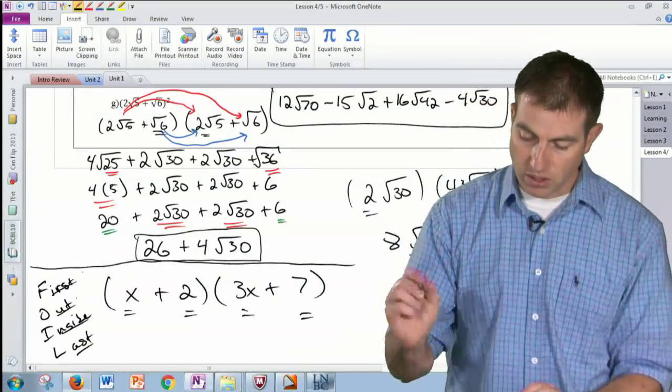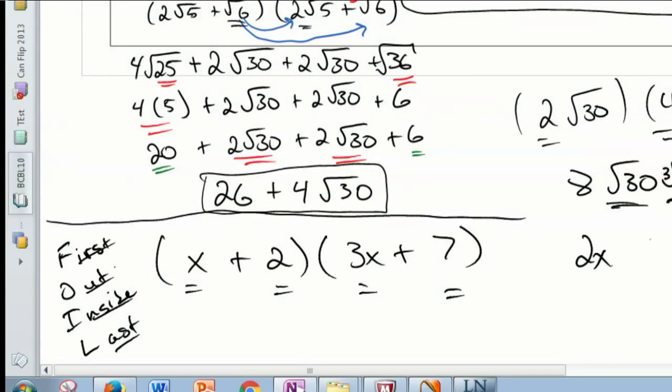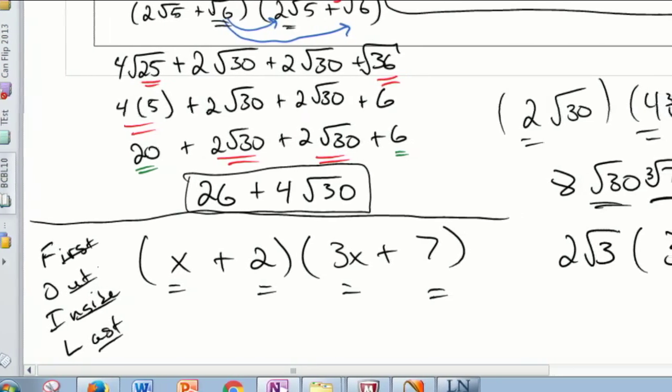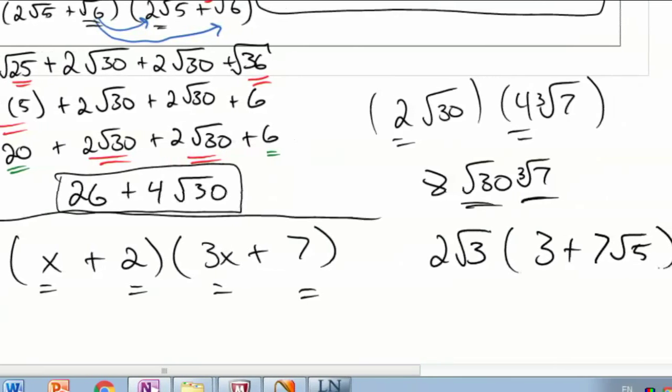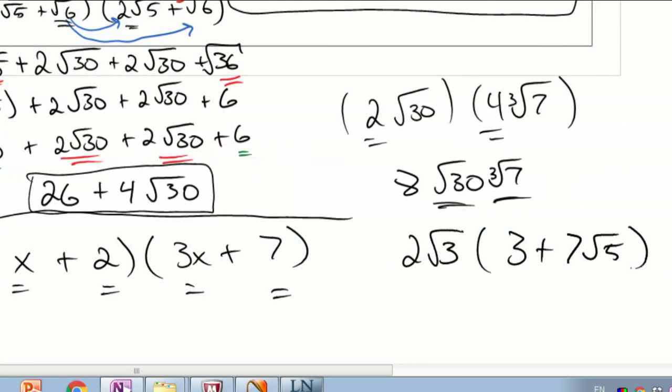On the other hand, if you had a question like this, let's use radicals, 2 root 3 times 3 plus 7 root 5. FOIL doesn't work for a question like this because I don't have anything in front here, so I'm just going to distribute, or feed my chickens, and multiply the 2 root 3 by the 3 and then the 2 root 3 by the 7 root 5.